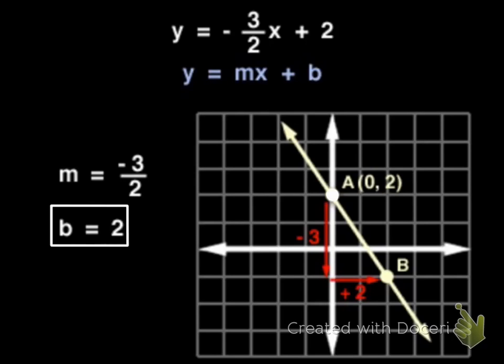Now, I'm going to use my slope, which is down 3 and over 2. Rise over run. Alright, so now from point A, I go down 3, so I could count it 1, 2, 3, and over 2, 1, 2.